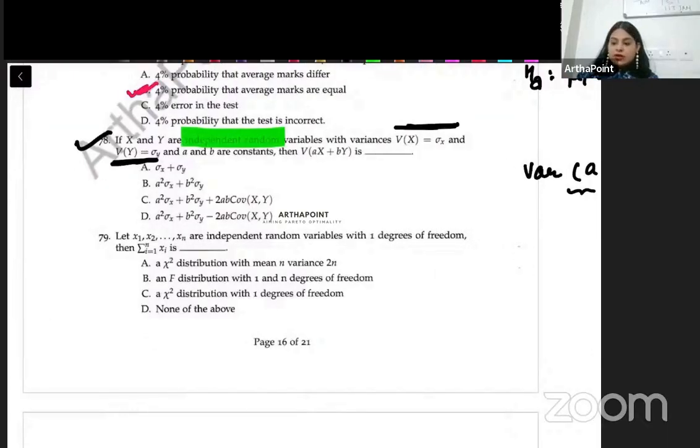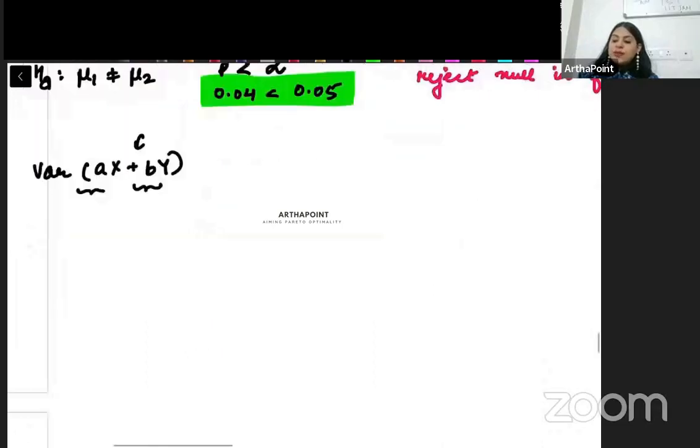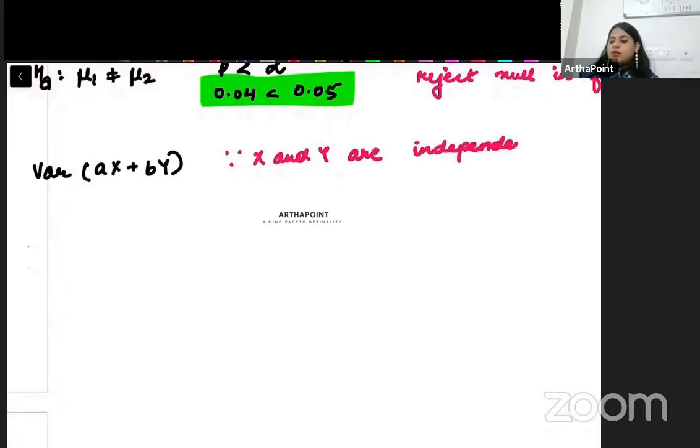Because x and y are independent, beta, we will have covariance of xy as 0.